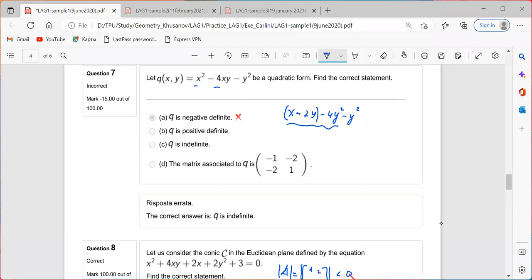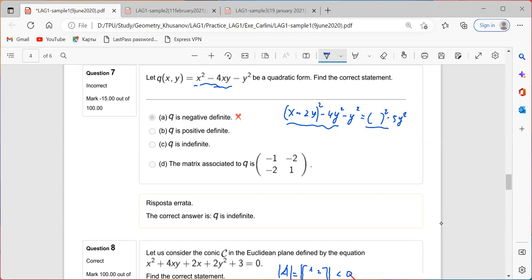These 3 components are the same as this one, and minus y squared. This is a square. So the result will be just this square minus 5y squared.